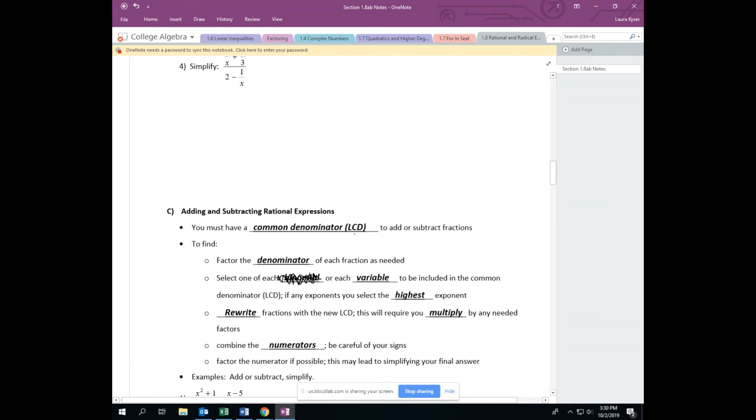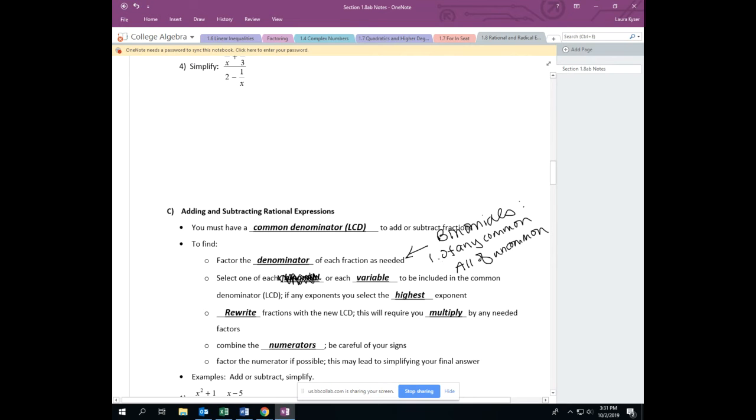However, for binomials, you want to take one of any common factors and all of the uncommon factors.